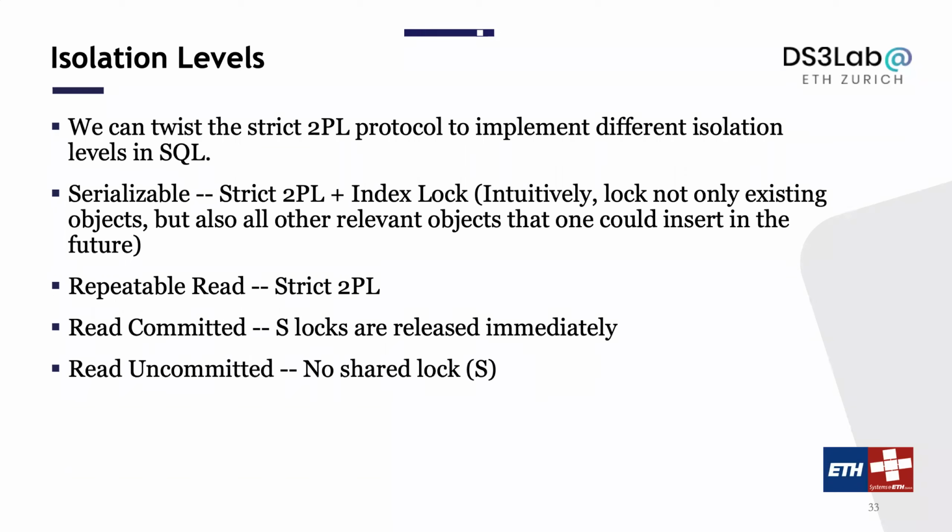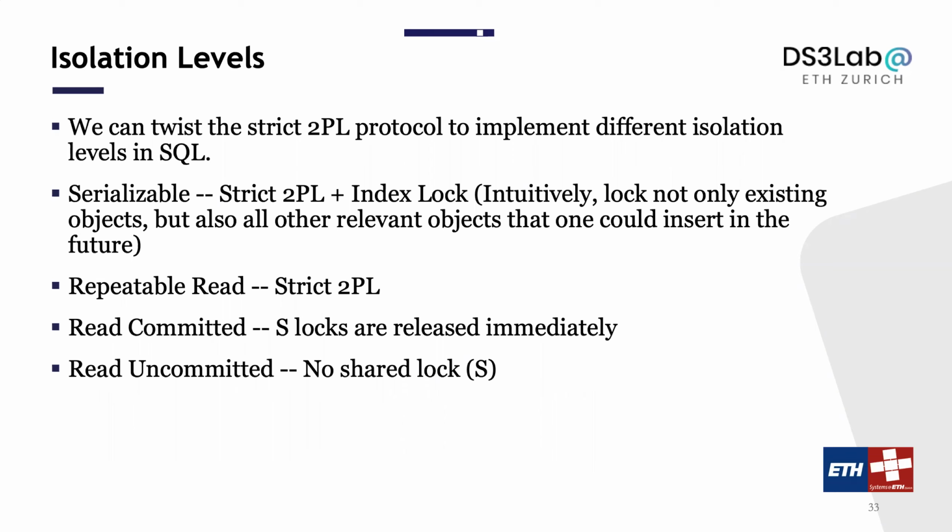Then if you say you do not need share locks at all, when you write you hold the exclusive lock, but when you read you don't need a lock, then you are at the level of read uncommitted. You could read uncommitted values, because someone else may hold the exclusive lock and you don't care. You just keep reading it.